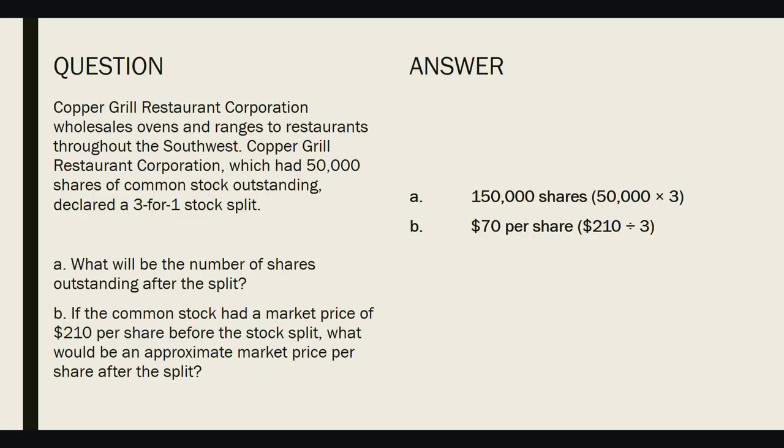So here we're talking about a stock split. So they tell us that we had 50,000 shares. And so if we want to know what that looks like, we take the 50,000 shares and multiply it by the 3.